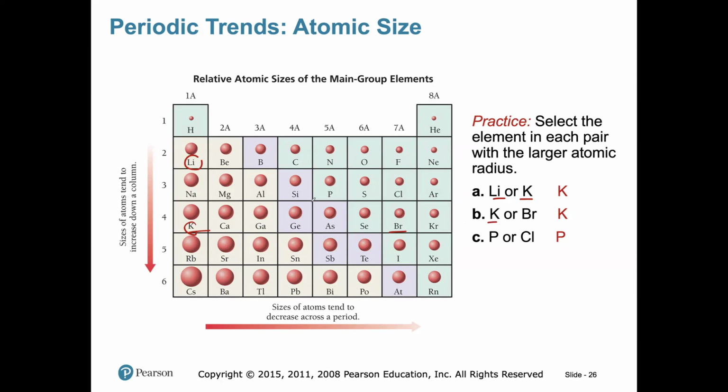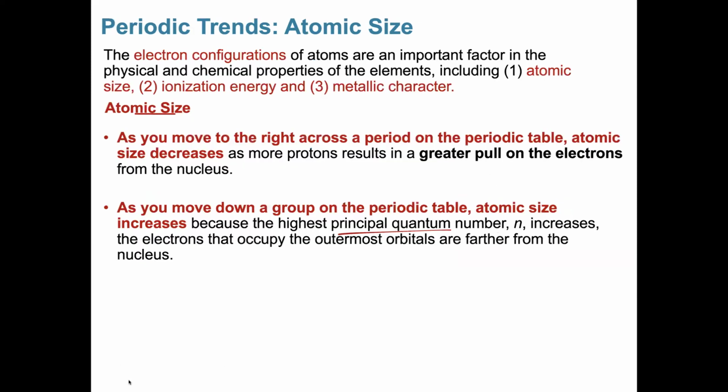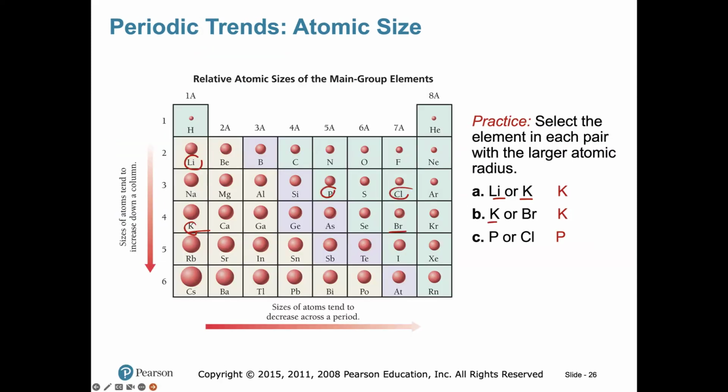Between phosphorus and chlorine, they're in the same period, and chlorine has a higher number of protons, making it smaller, so phosphorus has a larger atomic radius. So when predicting the atomic size, look at the periodic trends and follow the same type of prediction.